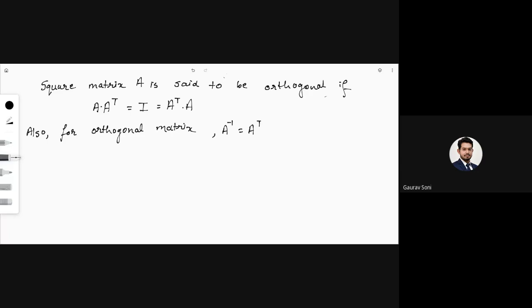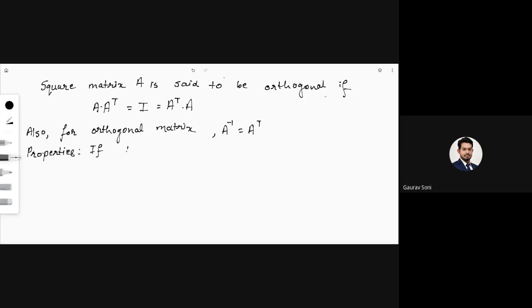So if the question is find out A inverse and you have an orthogonal matrix, then you just have to take A transpose. Some important properties of orthogonal matrix.